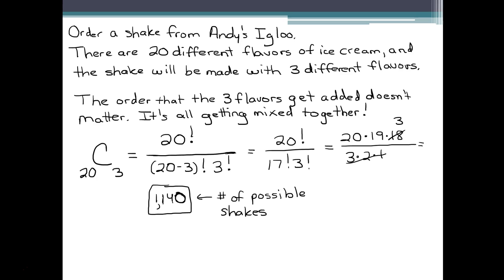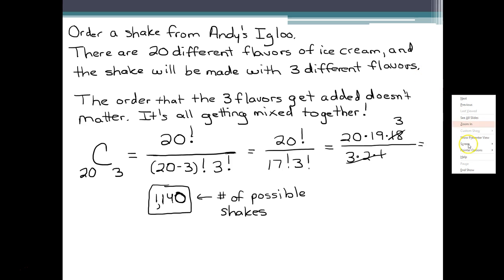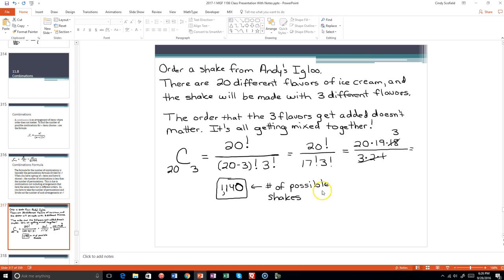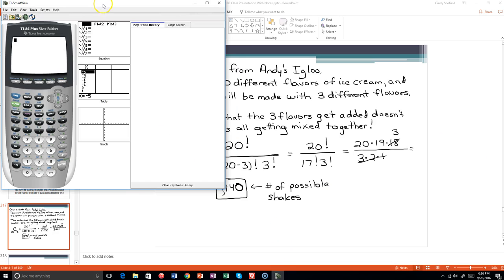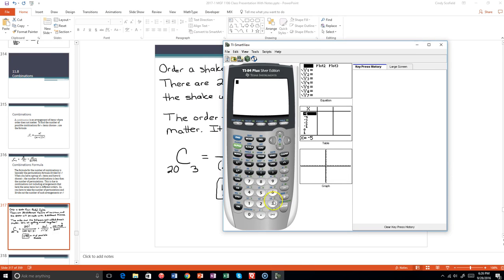Now that can be done on your calculator too. Let's go ahead and pull up the calculator and see. The process for doing combinations on the calculator is very similar to the process for doing permutations on the calculator. I want to figure out number of combinations of 20 items choose 3.